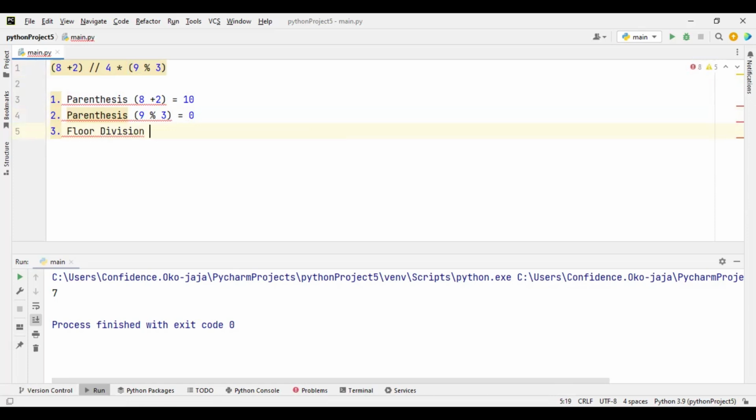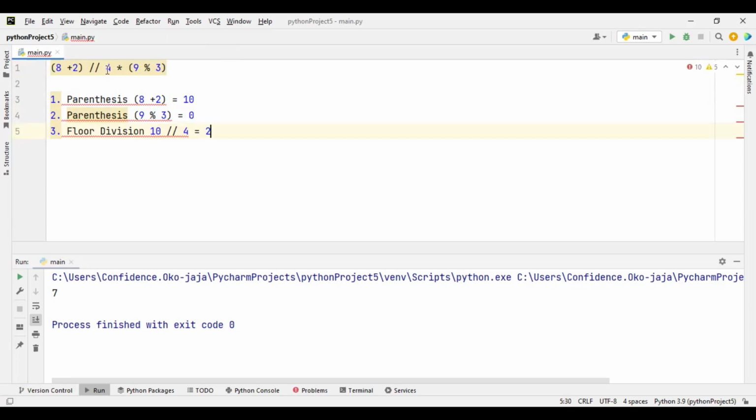We have added 8 and 2 to get 10, so that will be 10 floor division 4, and that will be 2.